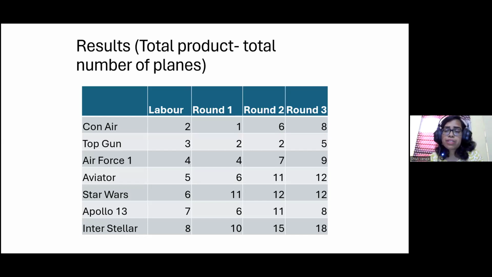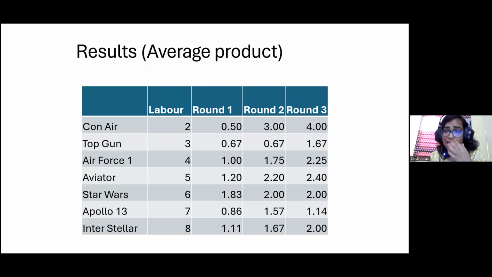Now in economics terminology, we call it total product. So total product is the total number of output or good, in this case paper planes, being produced in each firm, or in this case each group of students. The other thing we are interested in is the average product. So how many planes are produced per worker or per student in this setup?